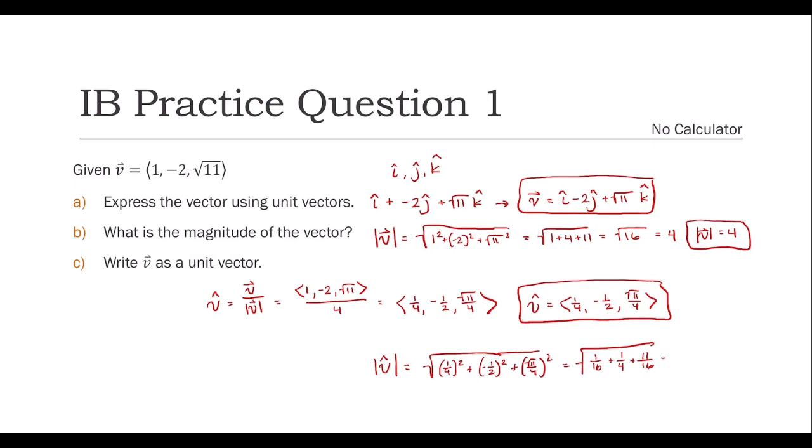So we need a common denominator, so we'll multiply this by 4/4 to get the square root of 1/16 plus 4/16 plus 11/16. 1 plus 4 plus 11 is 16, so we get the square root of 16/16, which is the square root of 1, which equals 1. So that means, yes, we have indeed found a unit vector.